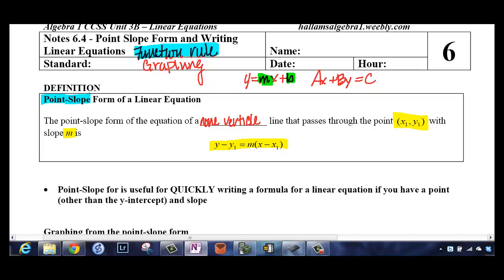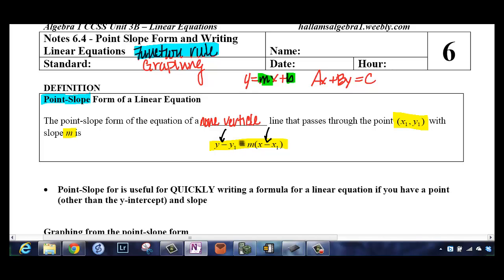We will probably want to note here that there are two y values and two x values, and there are some negatives here. Let's point these out before we move on so that we really understand the form, because we don't want to get stuck guessing at where the negatives are. This form comes with a negative as it starts. So the x and x1, and the y and y1, have a subtraction sign, a negative, between them.